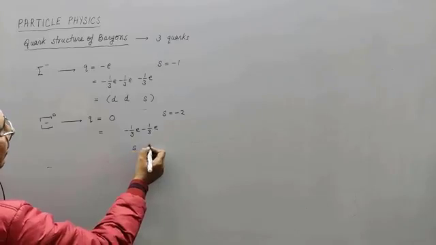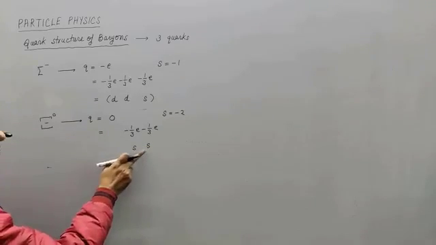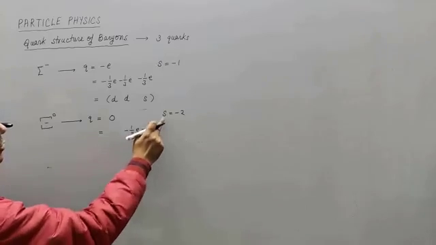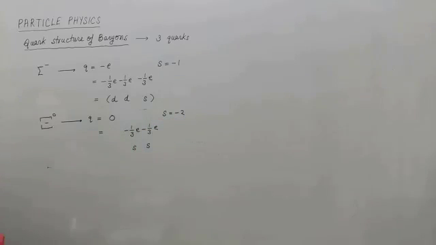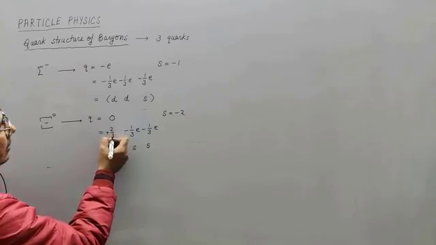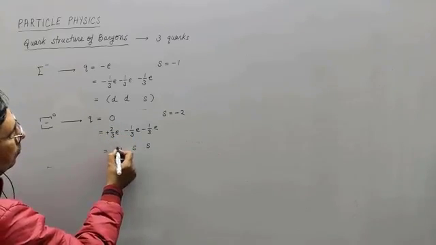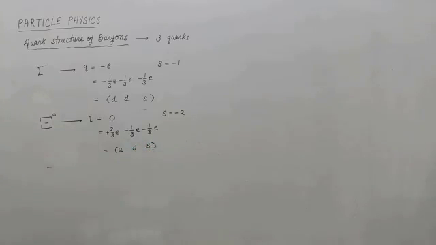Because strangeness number for this will be -1, for this it will be -1, so total strangeness number will be -2. Total charge is 0, so it should be plus 2 by 3e. So plus 2 by 3 charge is carried by U. So this will be USS. This will be the internal structure of this cascade naught.